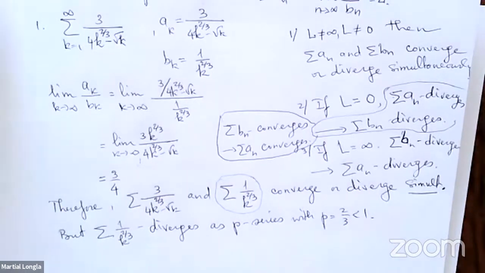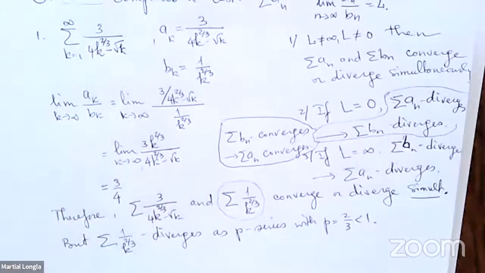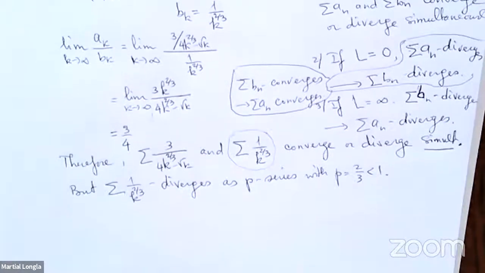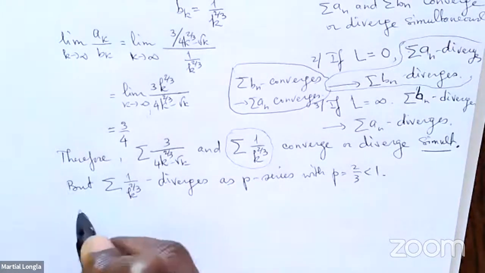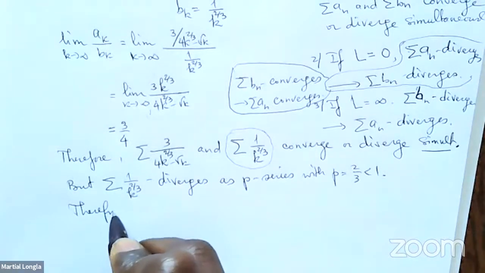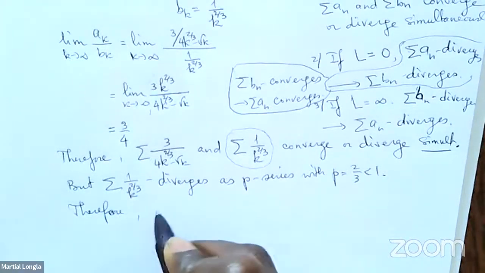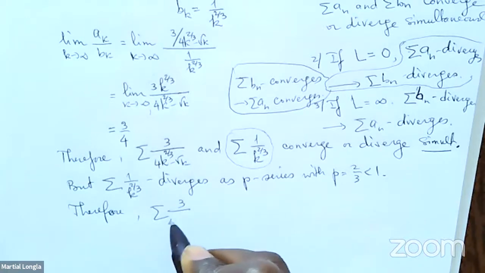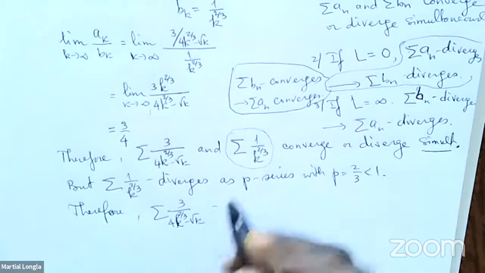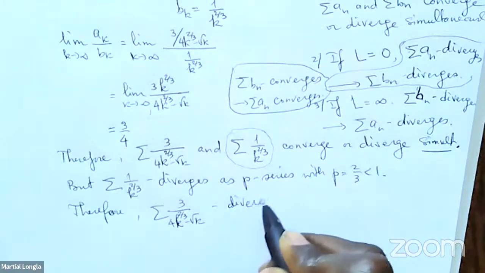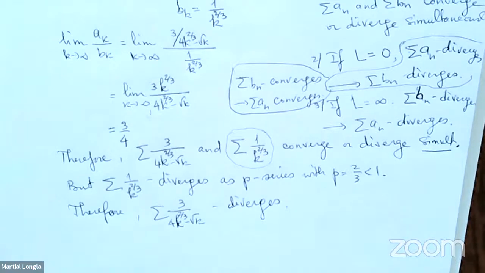And anytime you're saying something diverges or converges, you need to provide evidence for that. Therefore, the sum of 3 over 4k^(2/3) minus root k diverges. So you can show it using the limit comparison test or the comparison test on this question, and you will reach the same conclusion. It diverges.